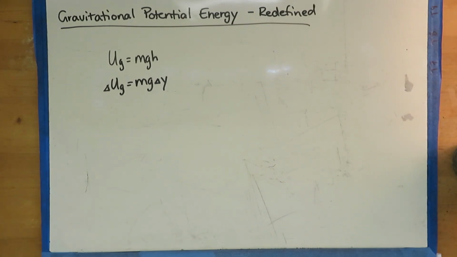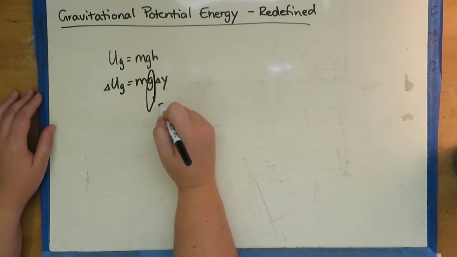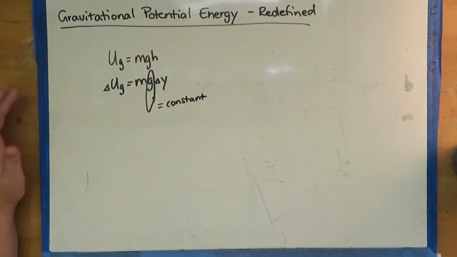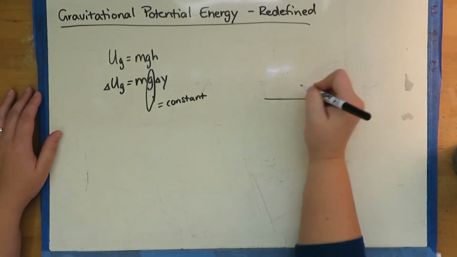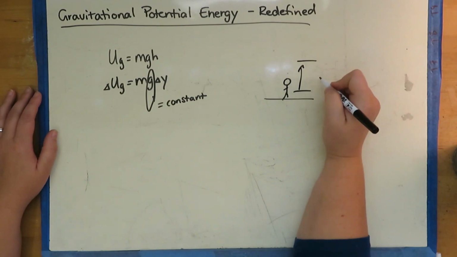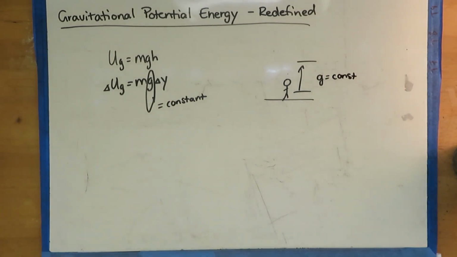But here's the problem. We made a huge assumption with this equation. We assumed that g is constant in order to use this equation. So if I'm talking about tossing a ball up from the surface of the Earth, when I go between these different heights, g is going to be approximately constant at 9.81 meters per second squared.